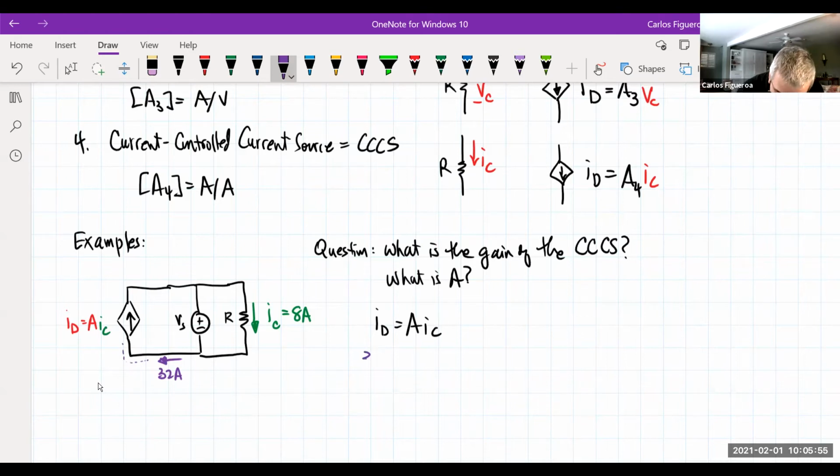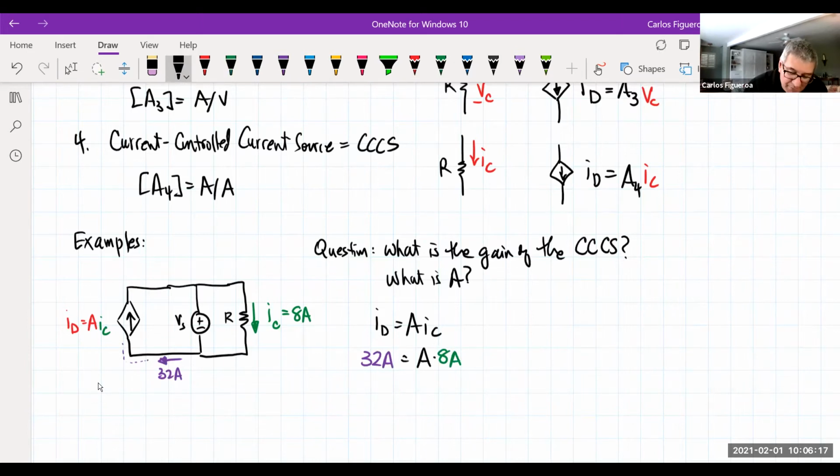So I know for a fact, just by looking at this, that in that branch I have 32 amps flowing. But because this dependent source depends on the current IC over here by this 8 ohm resistor, we can see that this has to be 8 amps.